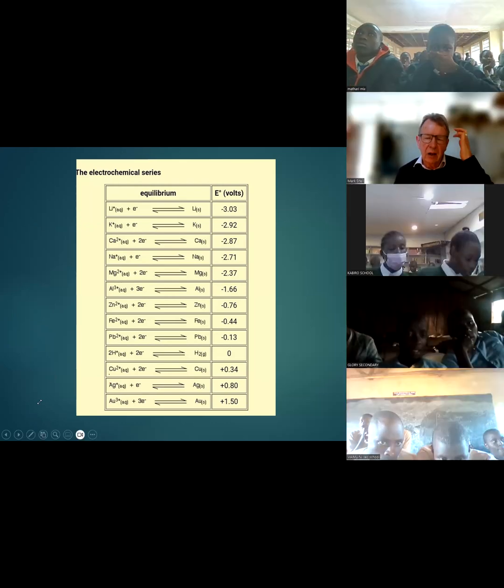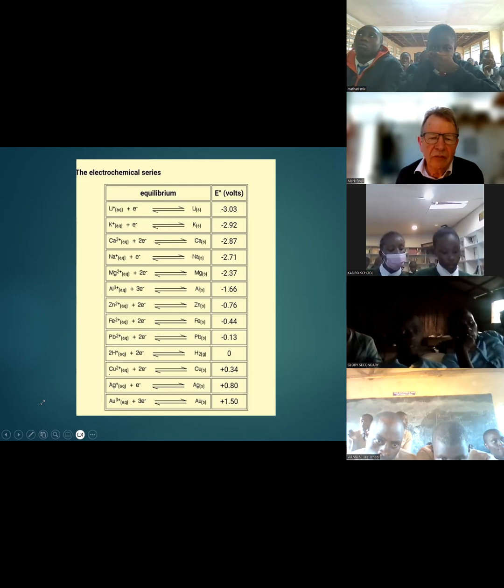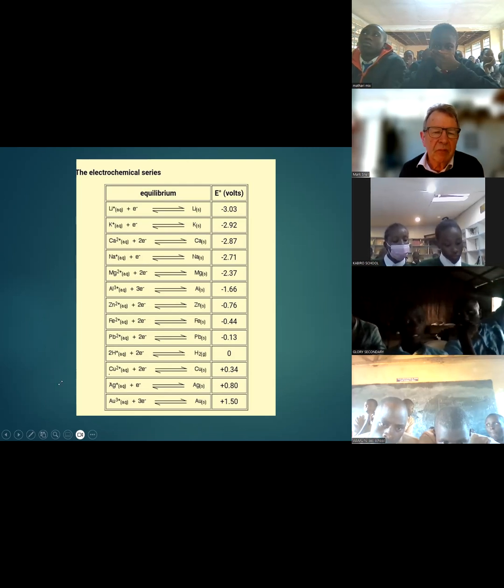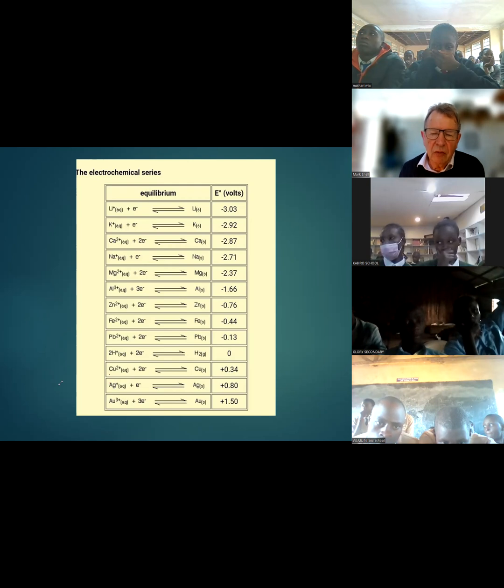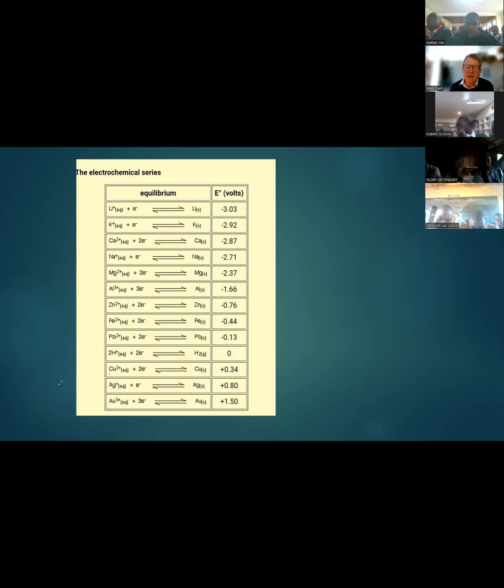Don't write all this down, it's too much. We will write down a couple in a minute. So all of the stuff on the left-hand side is positive ions gaining electrons, reduction. Then on the right-hand side, we have some E0, that's redox potential, reduction potential, or electrode potential, what we call voltages.